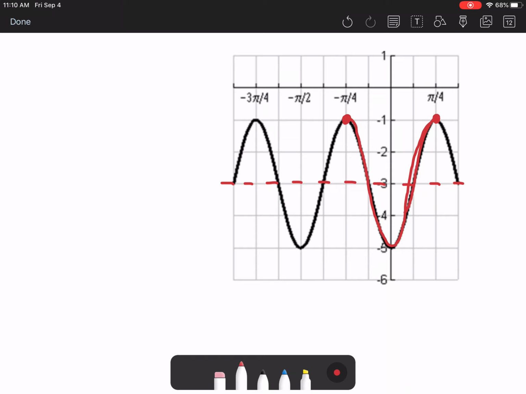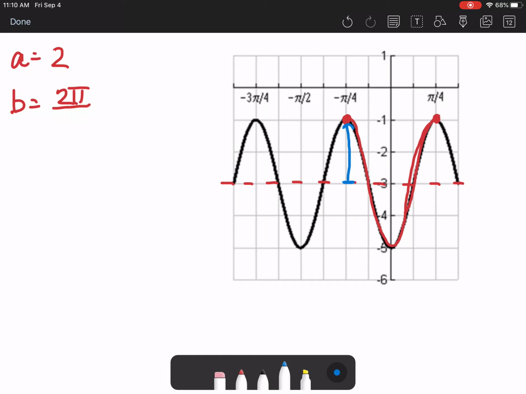All right, so first off, A is amplitude. That is the distance from the midline up to my maximum. So if I go from -3 to -1, that means that A is 2. Okay, B, this is my parent period, which for sine and cosine in radians is 2 pi, divided by the new period. Well, what's my new period?